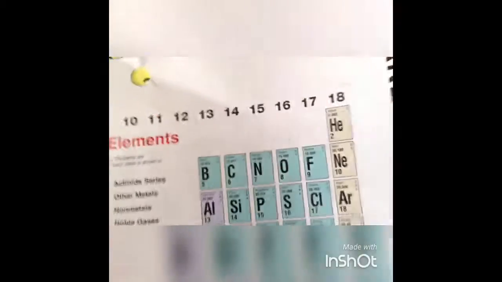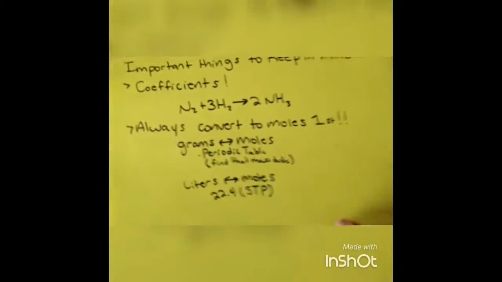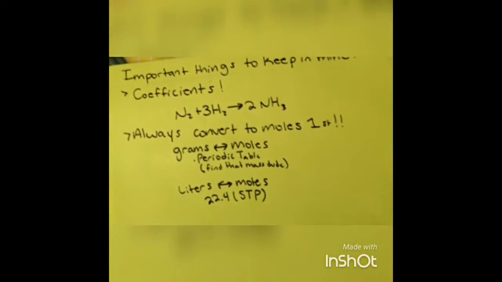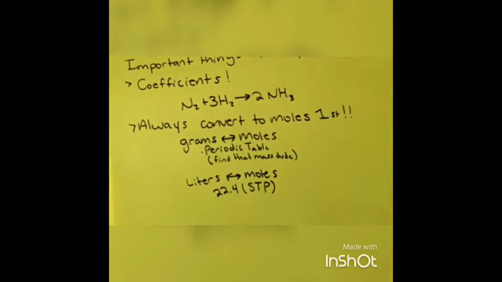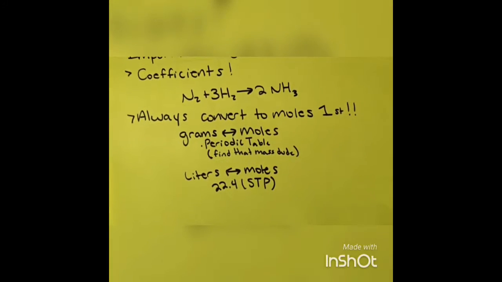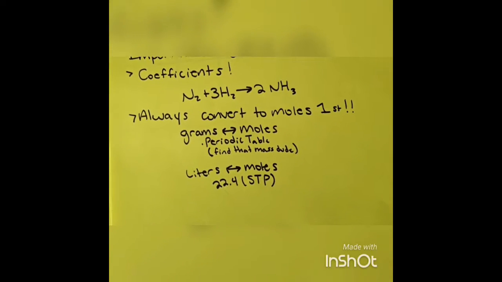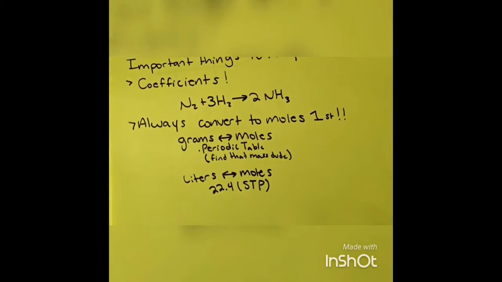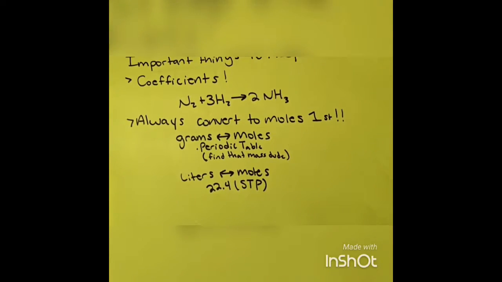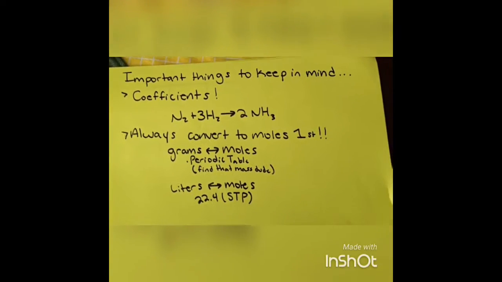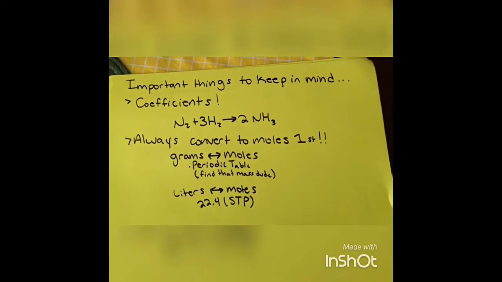Boron's atomic mass is 10.81. There's carbon, nitrogen. So you're going to be using that number when you convert from moles to grams or grams to moles. And then liters to moles and vice versa. If it's at STP, then it's going to be 22.4. Very easy, very simple. And I'll just let you soak that in.